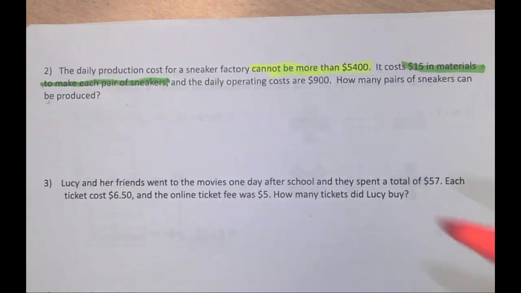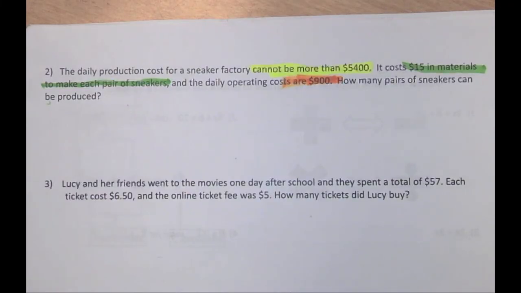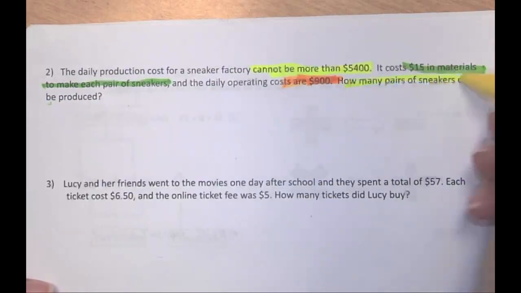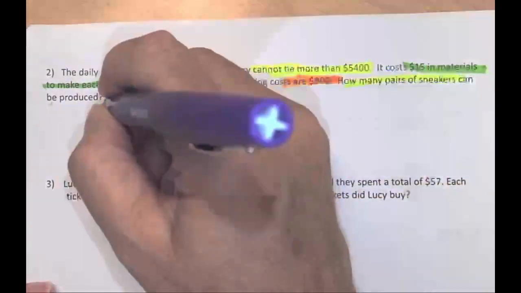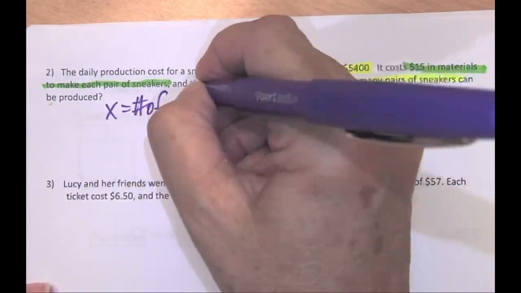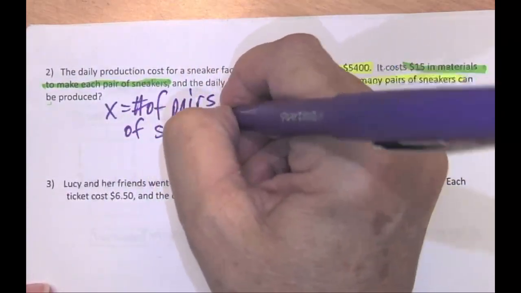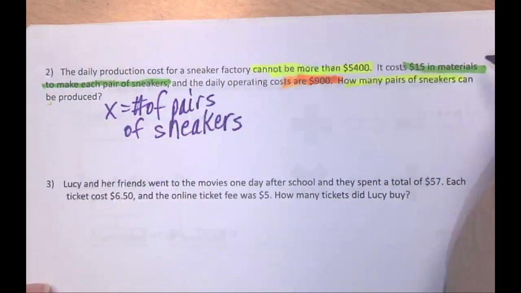Daily operating costs are $900. Now that's just a day. That doesn't change per what? What are we looking for? How many pairs of sneakers? So x stands for number of pairs of sneakers. How much does it cost to make each pair of sneakers?